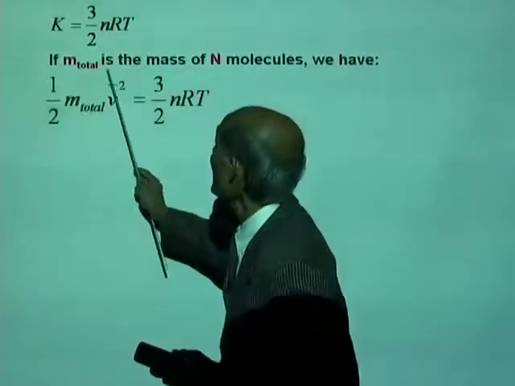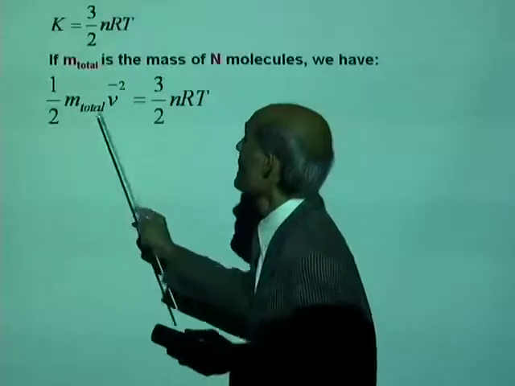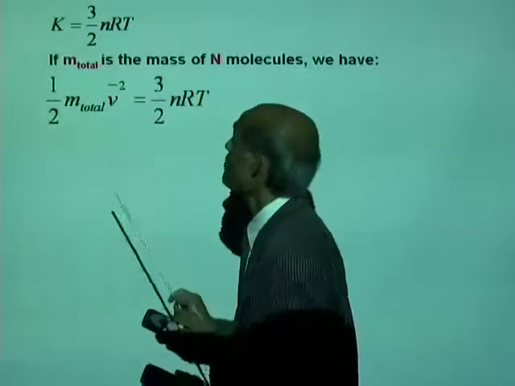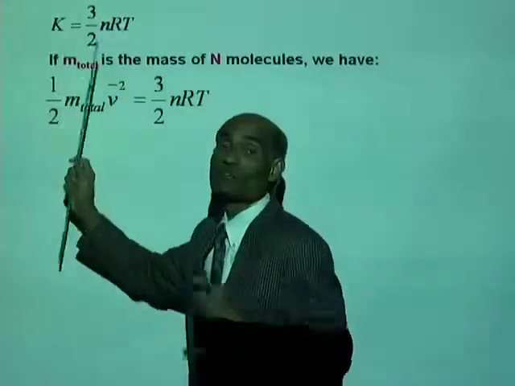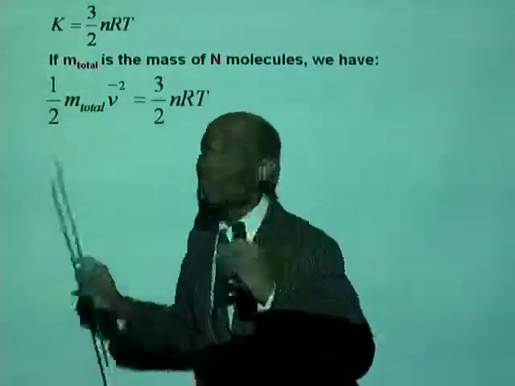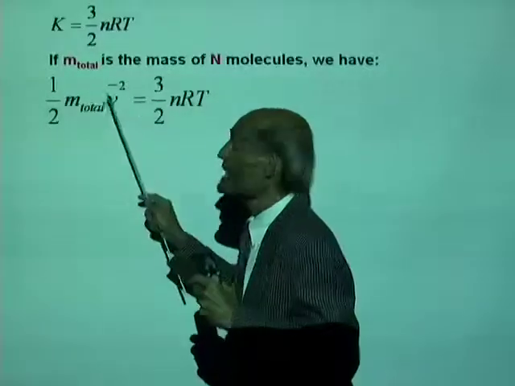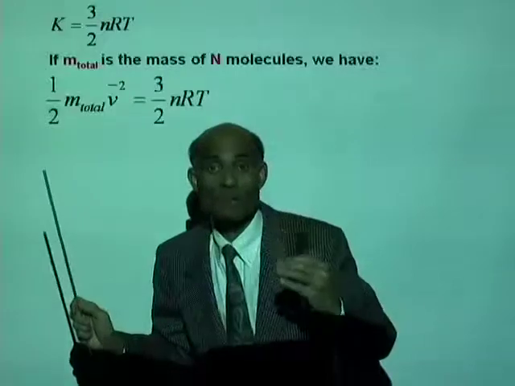So, if M total is the mass of N molecules, then 1/2 M total V bar squared. Remember here, this K stands for the total kinetic energy of N molecules. And these N molecules have this mass, the total mass of N molecules.